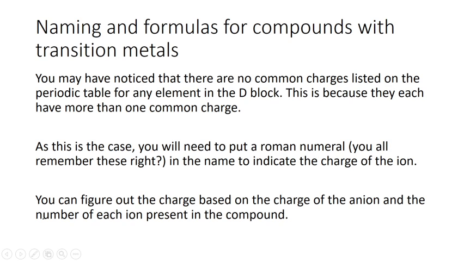Okay, so now we're going to get into naming and formulas for compounds with transition metals. So like I said, no common charges listed in the D block is because each of them have more than one common charge. So in this case, you're going to need to put a Roman numeral. Right? Hopefully you all remember your Roman numerals.